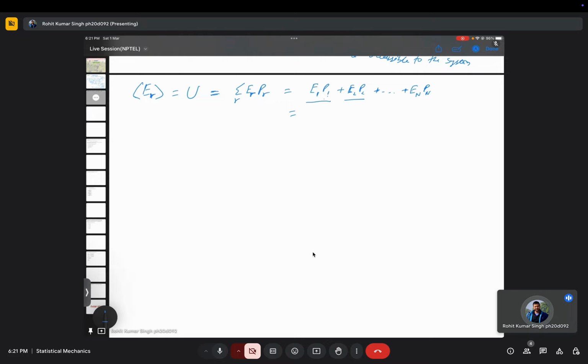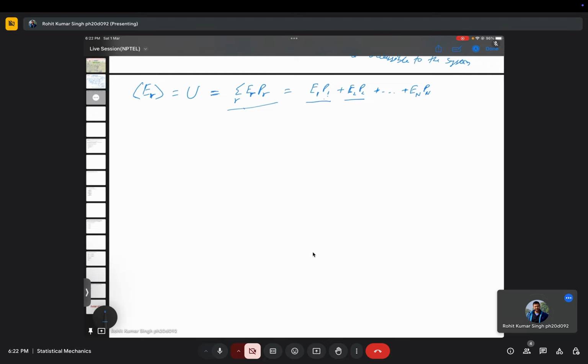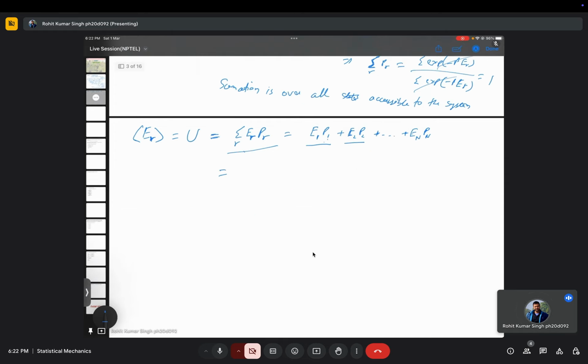And so this is like a partition of your energy. Okay, you have done a partition of your total energy into n number of systems. And so this can be written as, because we have found the expression for Pr, you can write this like this.